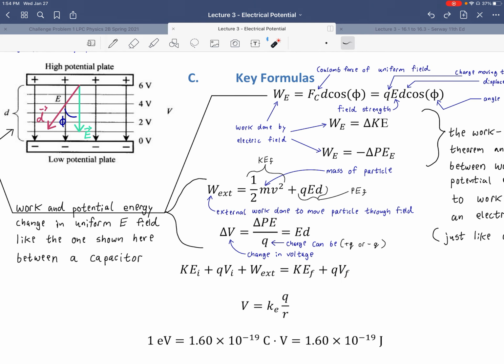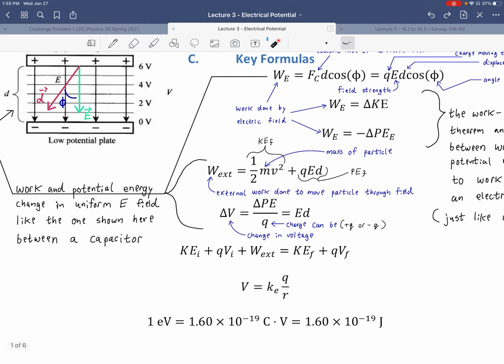Well, in that case, just as with the work done by the electric field, you need to know if the charge is positive or negative, because that will change the sign of your result. Moving a positive charge over positive voltages will increase its potential energy, but moving a negative charge over a positive voltage change will decrease its potential energy, because what is downhill for an electron is uphill for a proton, to use that elevation analogy.